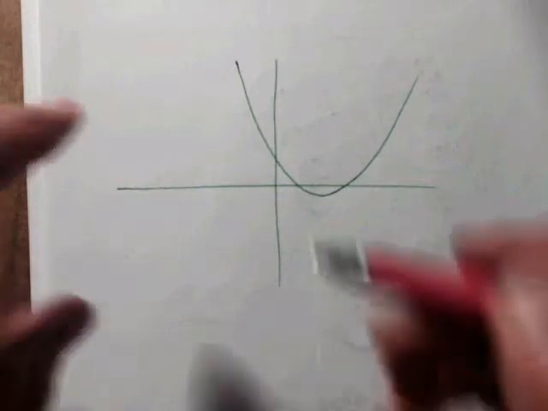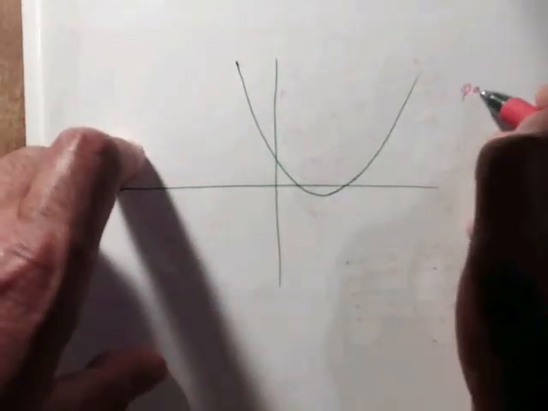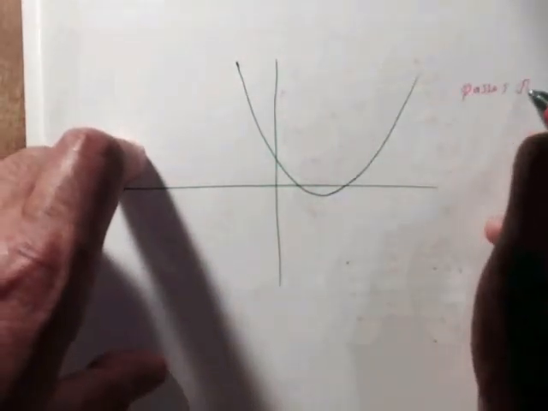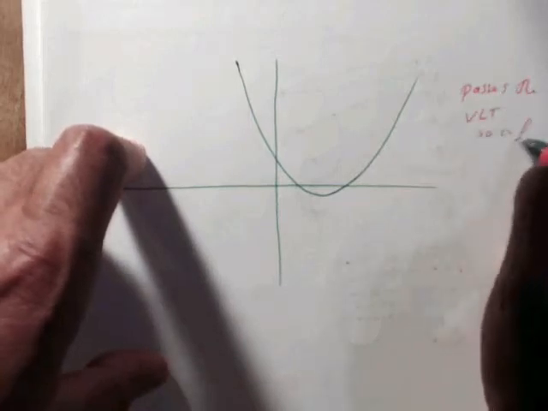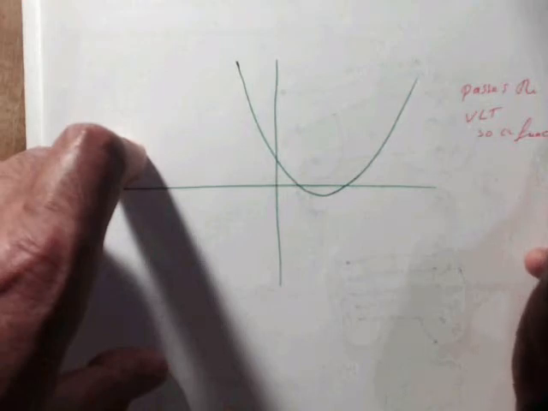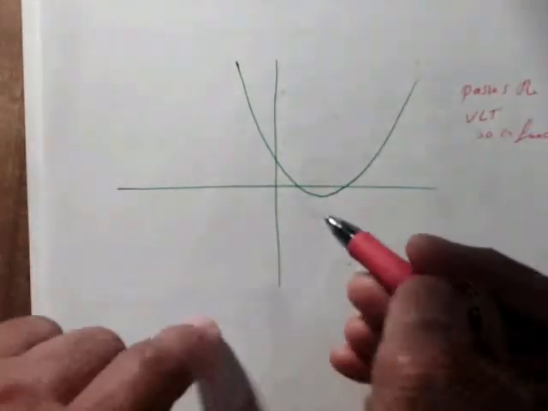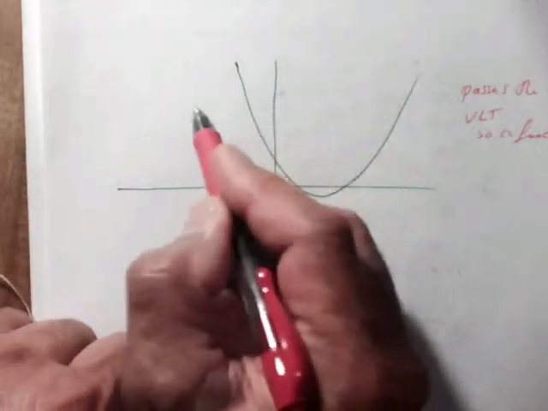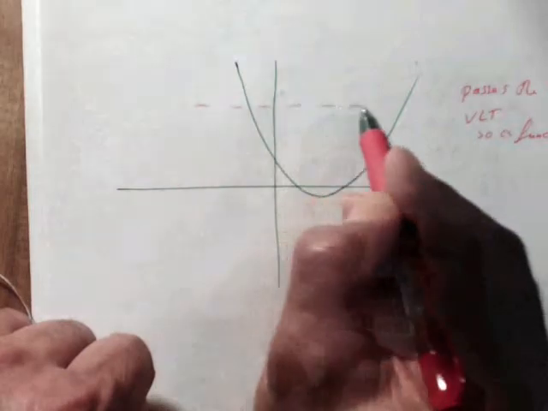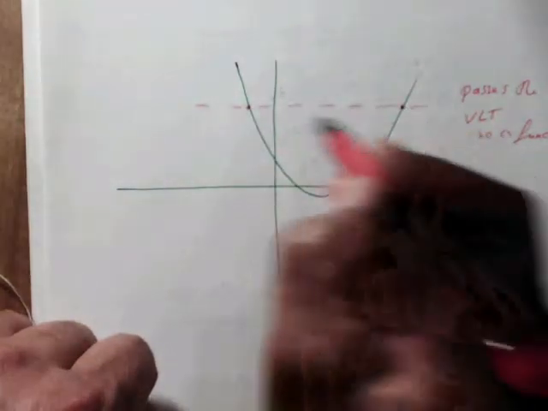Why? Because it passes the vertical line test, so it's a function. Now the question is, is it a one-to-one function? Now if I draw a horizontal line, you see, somewhere here, I have this point and this point on the graph.